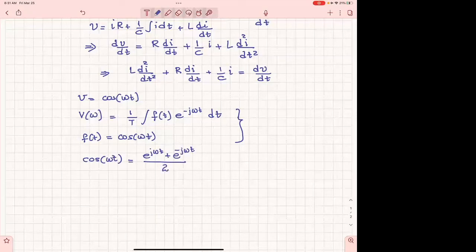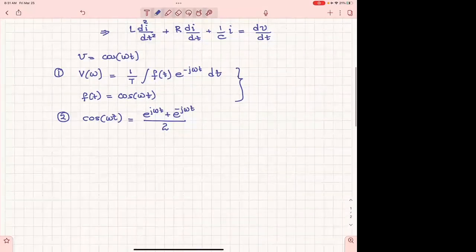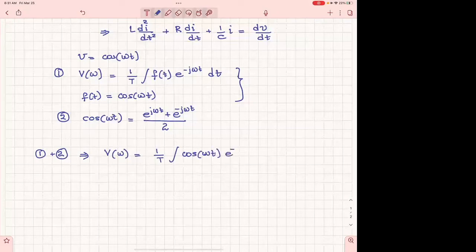Remember that? Okay, so now I can plug in equation 1. I can plug in 2. And then what do I have? 1 plus 2 gives me the following, that V of omega equals 1 over T, and then I plug in for cosine, times e to the minus j omega t dt.